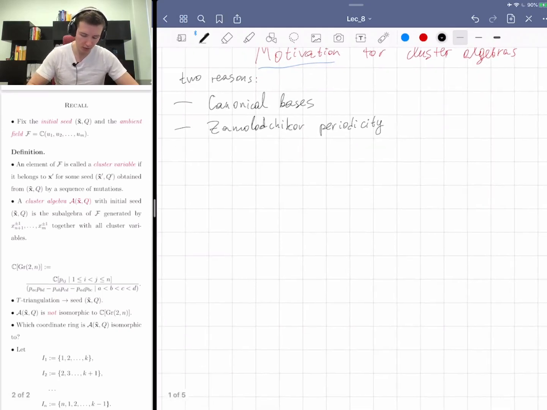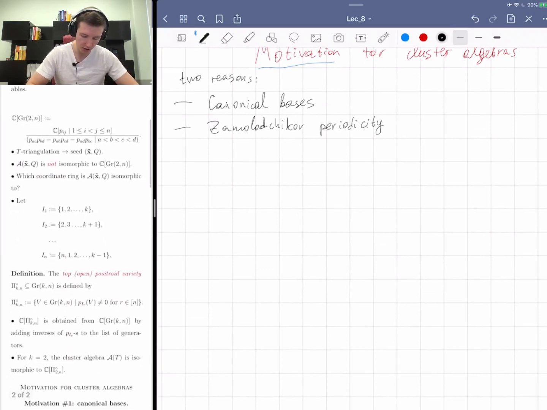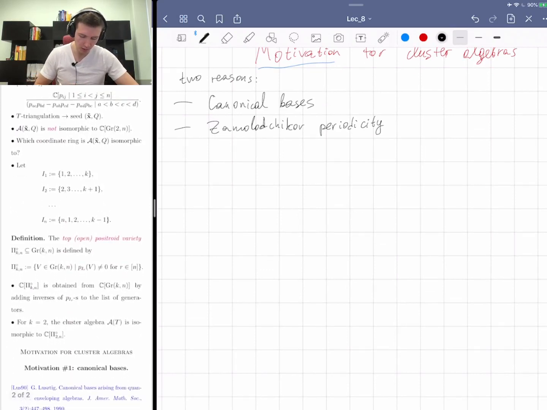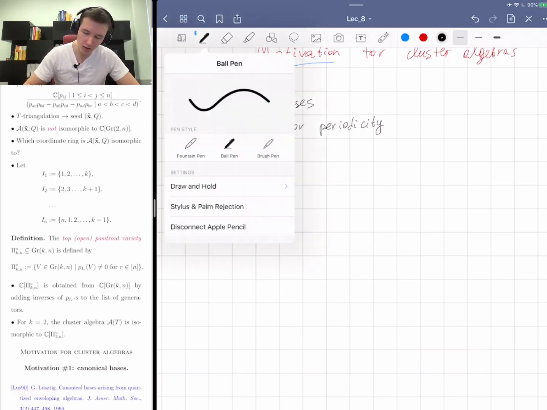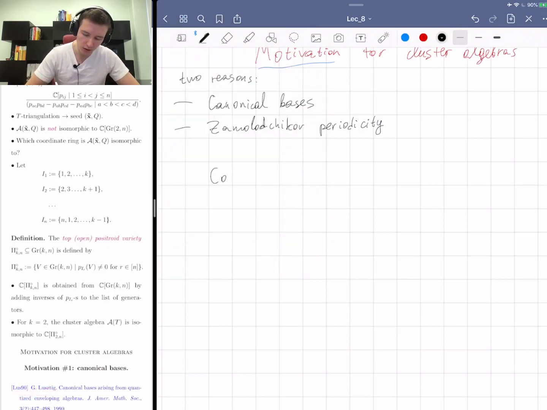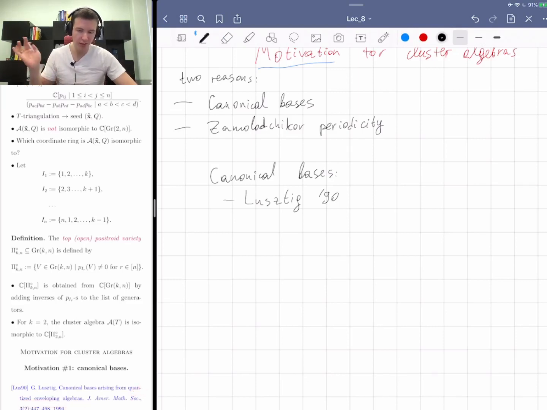Let me expand on these two things. First, for the canonical basis, I guess the main paper is this paper by Lusztig from 1990. Basically he introduces these quantized enveloping algebras.